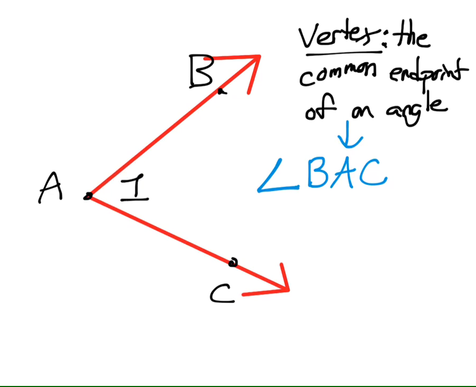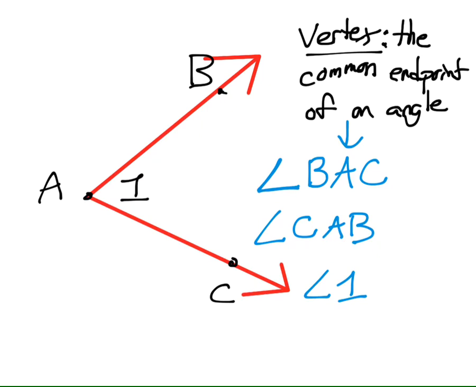So you could name an angle BAC or CAB. Either of those would appropriately name this angle. You could not name it BCA because the center point has to be the vertex. That makes sense? Okay. We could also name it angle 1 because that's the number on the interior of the angle. So those are the 3 ways we could name this specific angle.